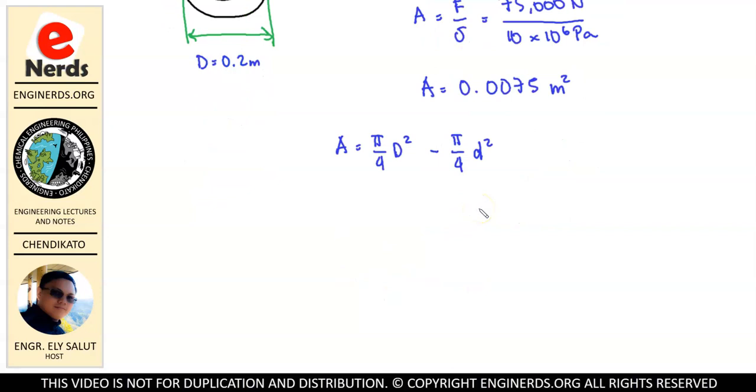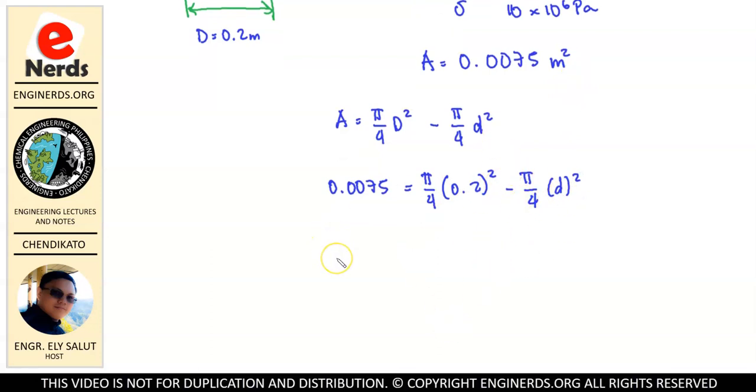Okay? So, that means we will have here our area, which is 0.0075, which is equal to pi over 4 times our d, which is 0.2 meter squared, minus pi over 4 d squared. Okay, so solve lang natin yung d natin.